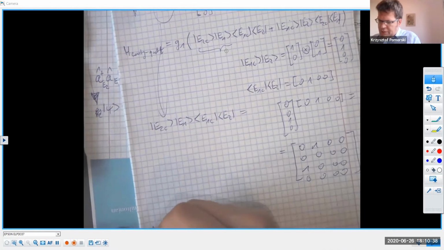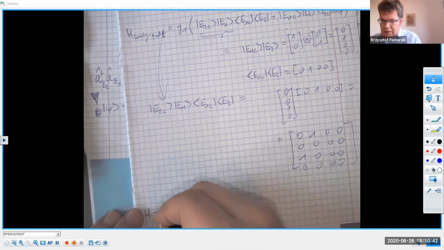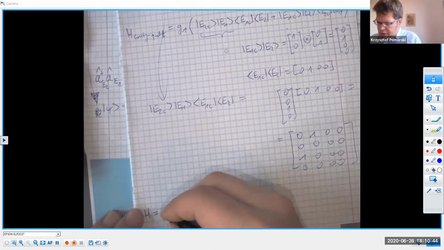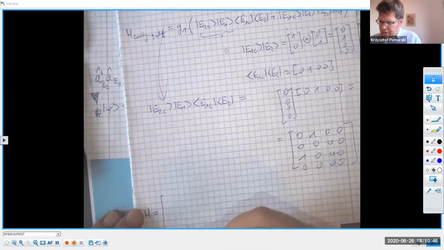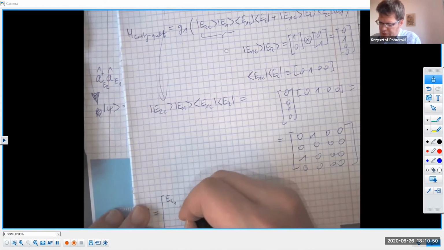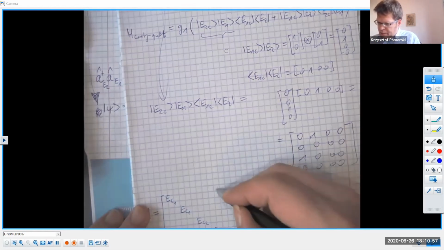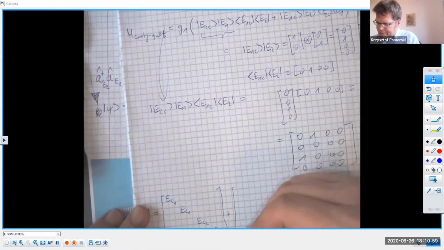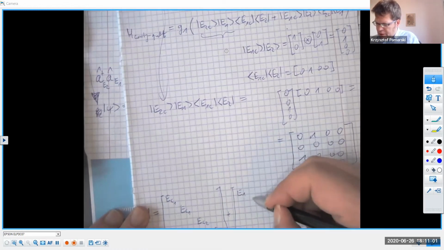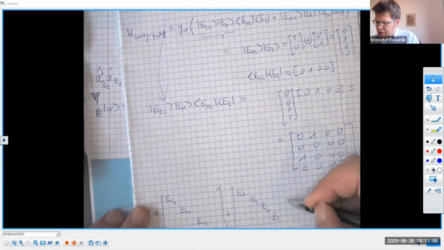So in general, we have a qubit Hamiltonian: EC1, EC1, EC2, EC2, plus E1, E2, E1, E2.